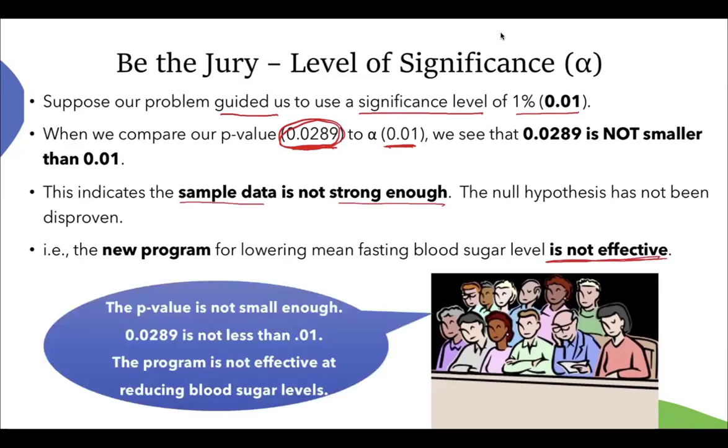Okay, so the jury would come out and say the p-value is not small enough. 0.0289 is not less than 0.01. The program is not effective at reducing blood sugar levels. And in that case, who wins, HO or HA? The HO wins in that case. We've not shown that there's reason to reject the assumption that the treatment doesn't work.